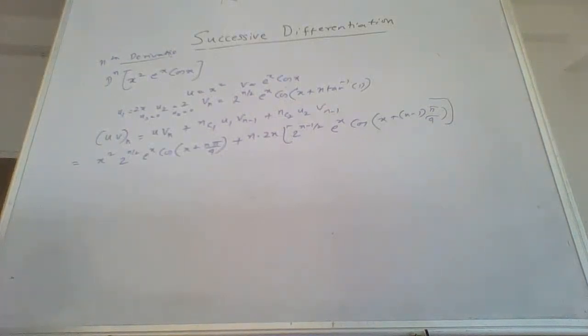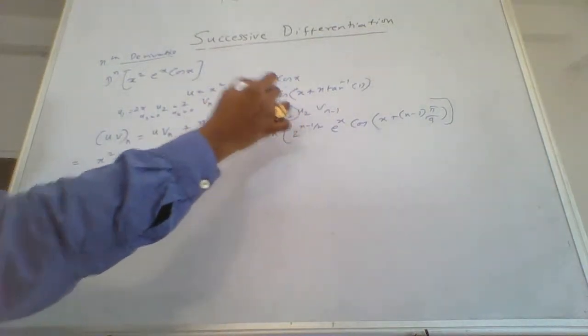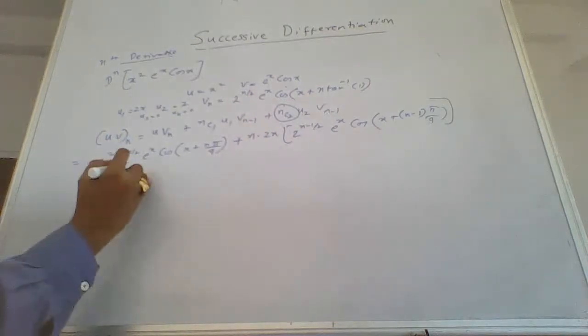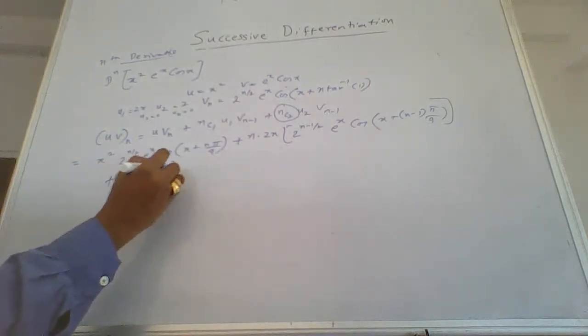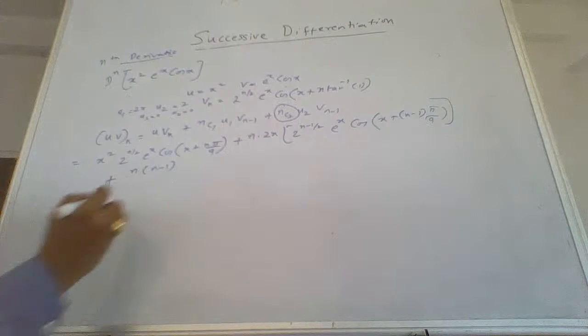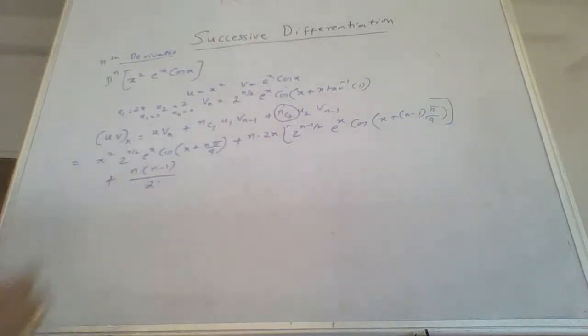Let us move on to the next term, which will be n into n minus 1 divided by 2 factorial.